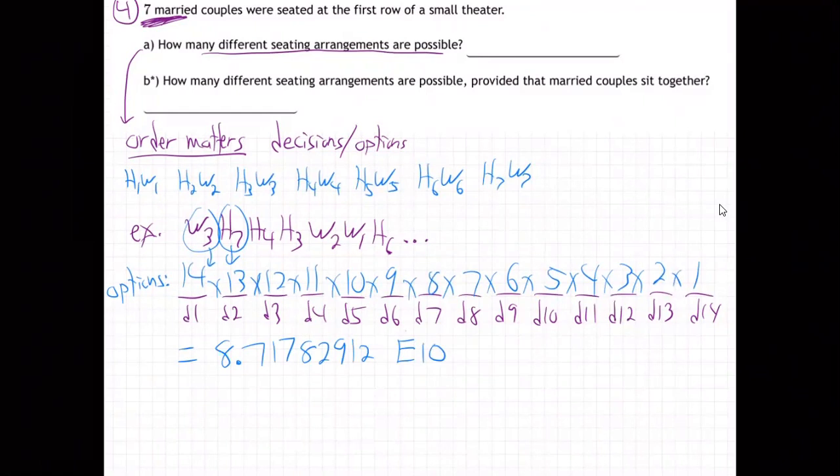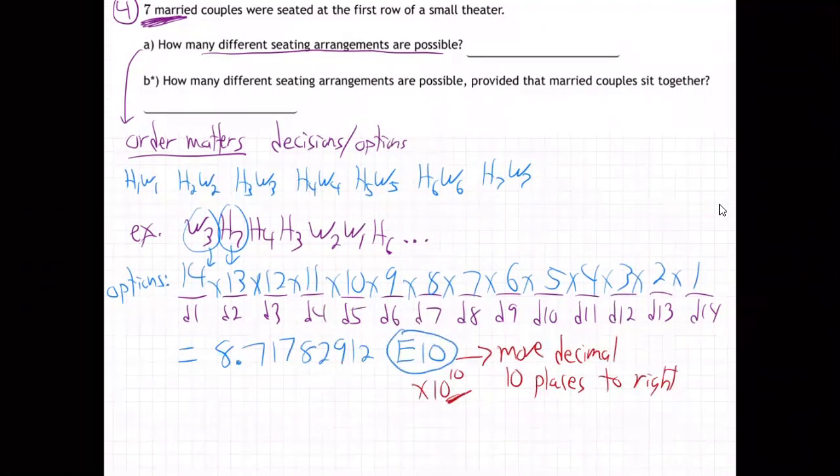It means move the decimal 10 places to the right. It's exponent. It actually means times 10 to the 10th. It's actually scientific notation. I don't know if you remember scientific notation from Math 10A or previous math courses you've taken.